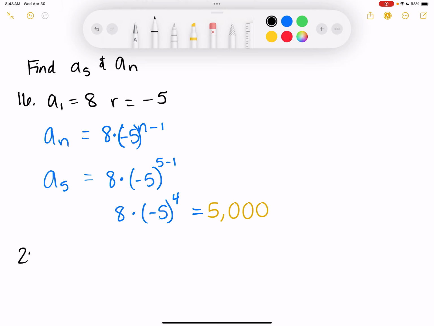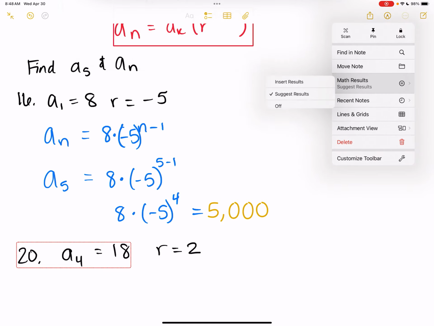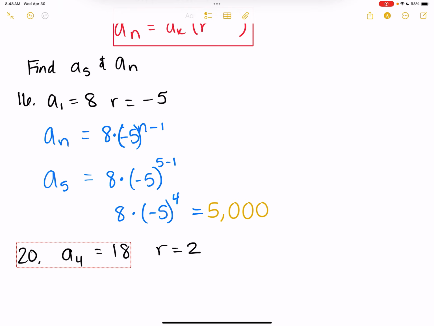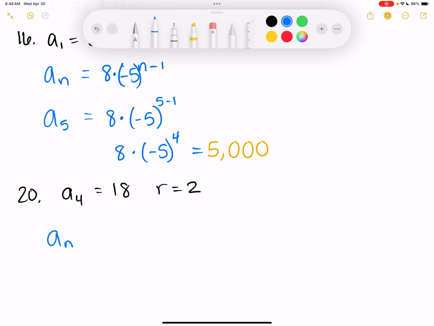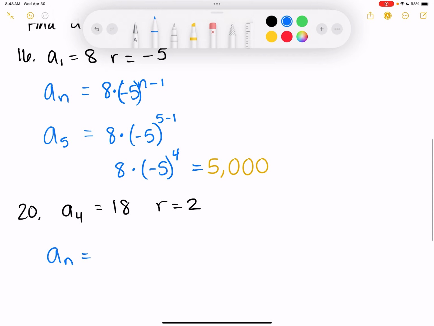A sub 4 is equal to 18. R is equal to 2. Okay, so a sub n would be equal to whatever my first term is. Notice though that this one is 4, not 1.